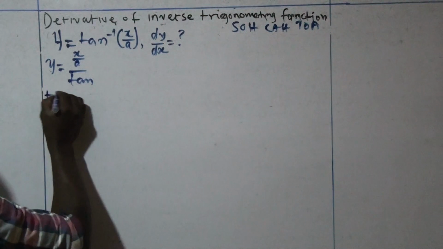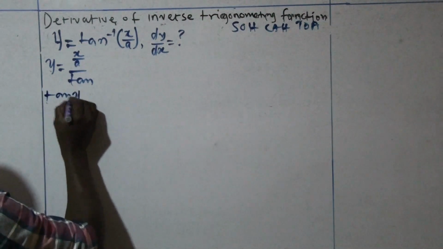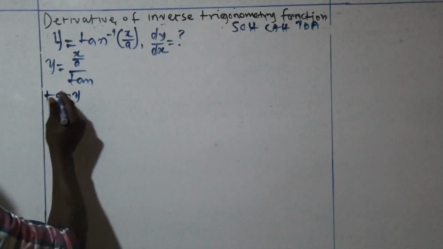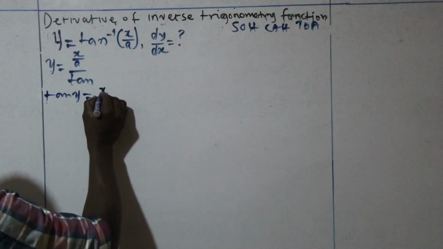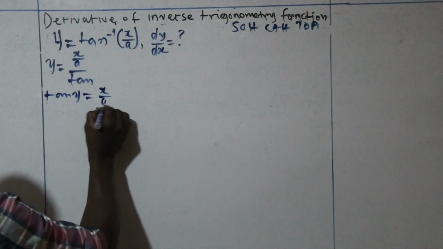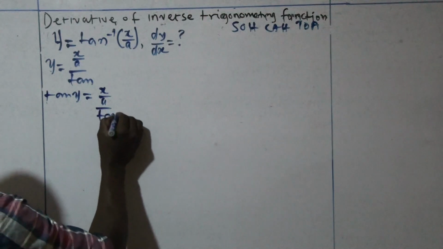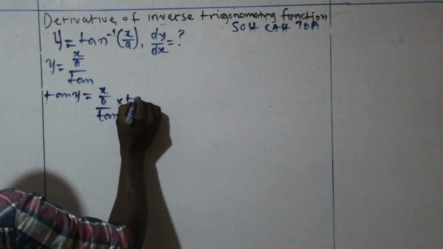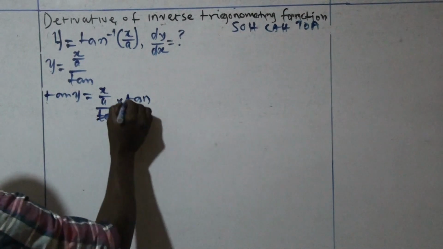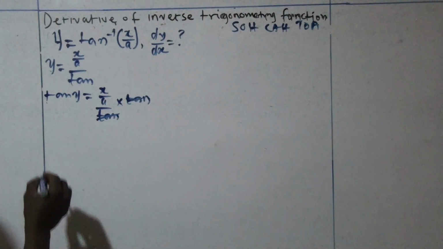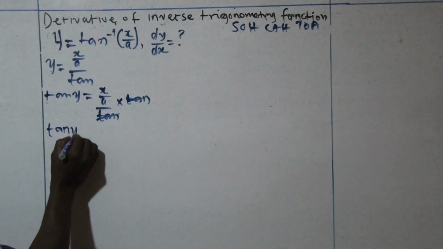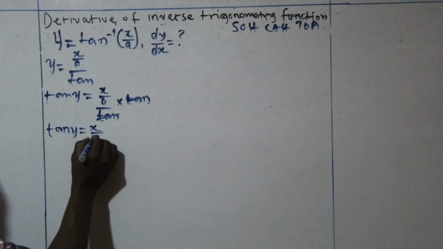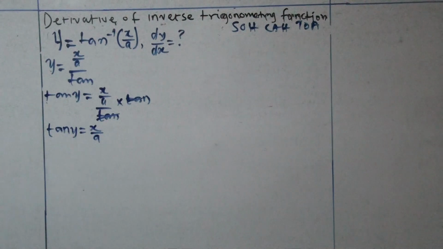This becomes tan times y, that becomes tan y. And on this side we have x over a divided by tan times tan. So tan will go with tan, and we'll be left with tan y is equal to x divided by a.